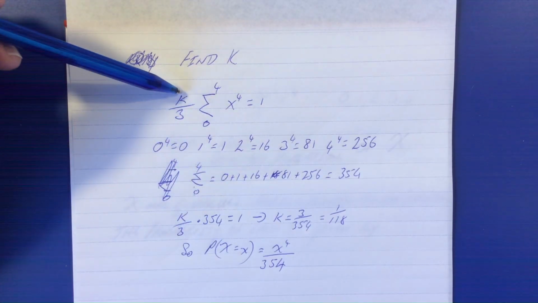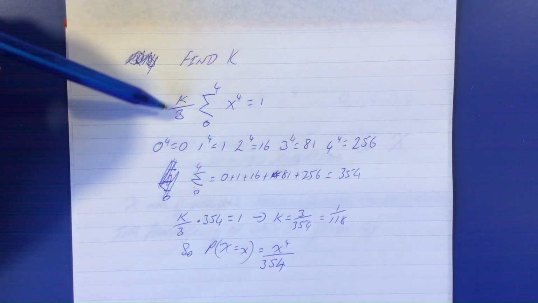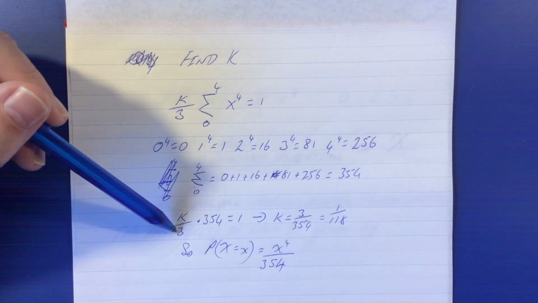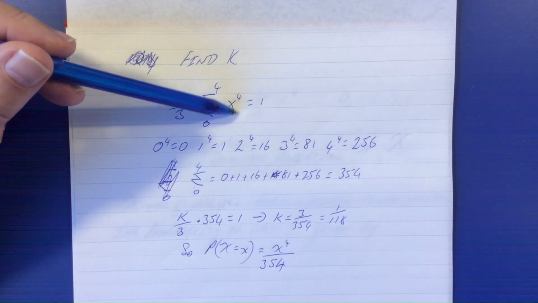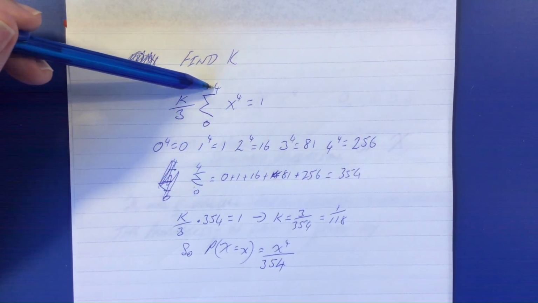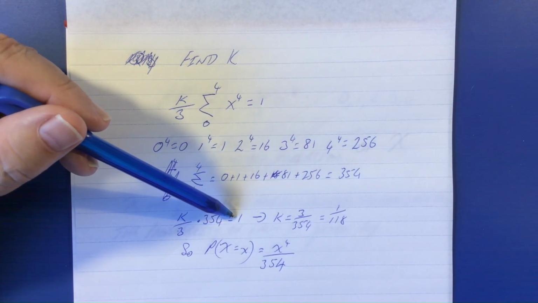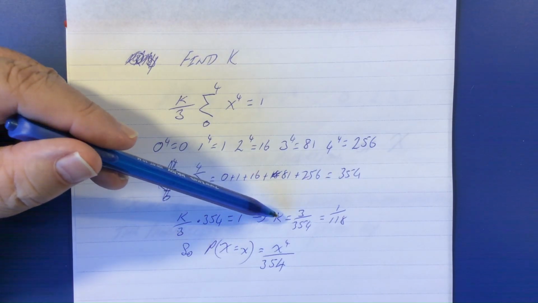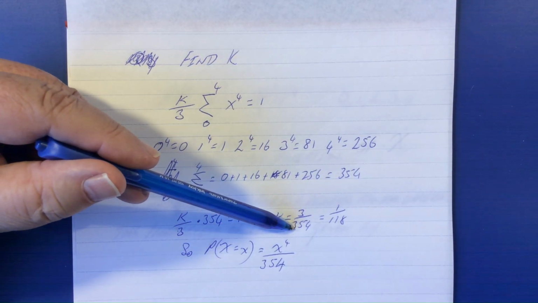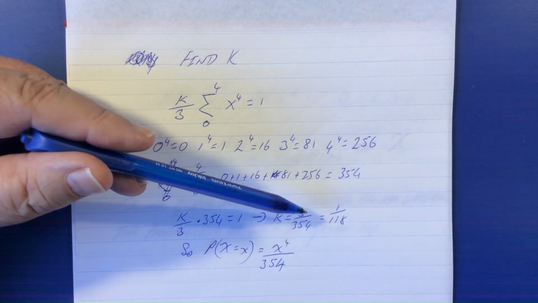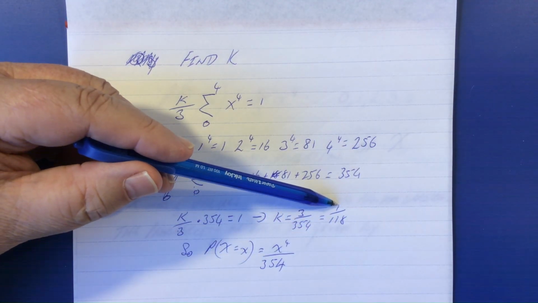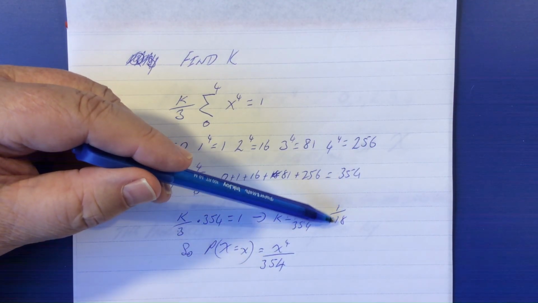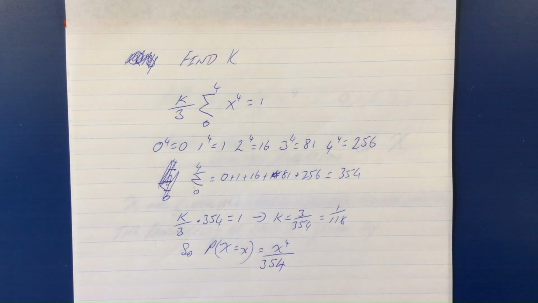And so we can rewrite this as k over 3 times 354, which is the total of this, is equal to 1. And a tiny bit of algebra gets us to the point where k is equal to 3 over 354. And we can, if we want to, simplify that to 1 over 118.